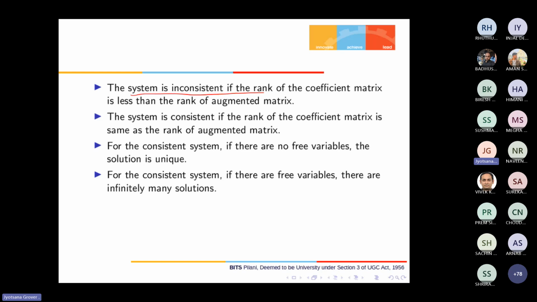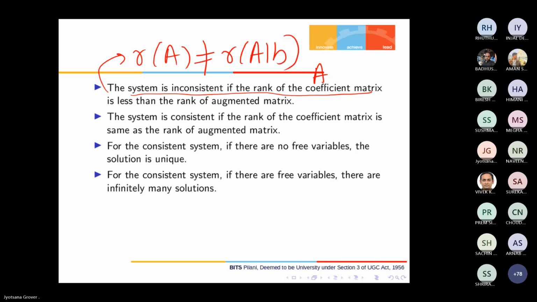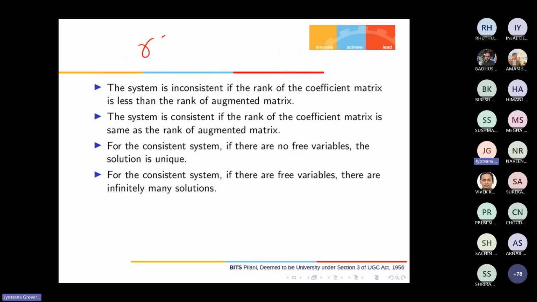This slide summarizes everything. The system is inconsistent if the rank of the coefficient matrix is not equal to the rank of the augmented matrix. It cannot be greater, because the augmented matrix is bigger, so you can say if rank of A is less than rank of the augmented matrix, then inconsistent.